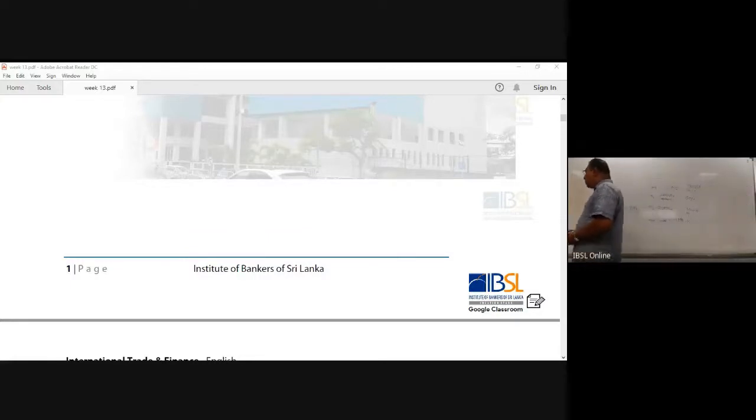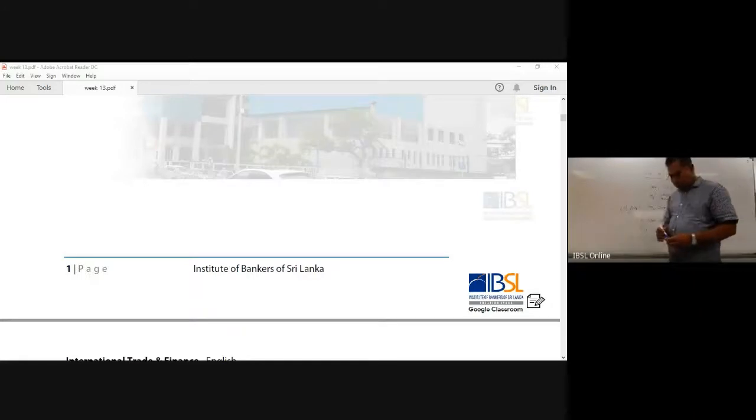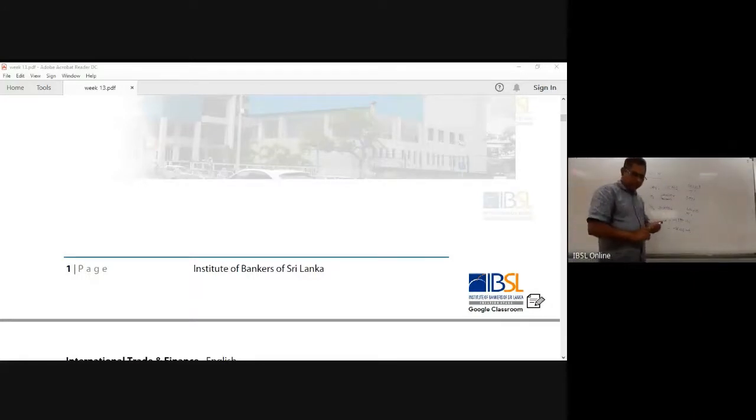B. Honor documents for US dollars 10,000 only. C. Honor both documents.